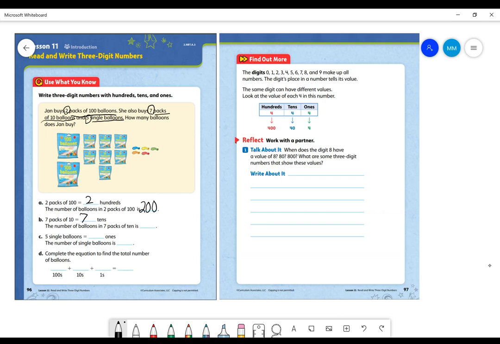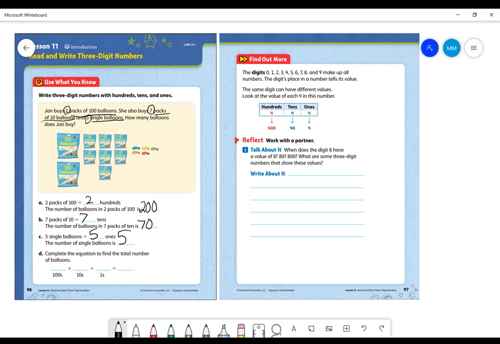The number of balloons in 7 packs of 10 is, what number is the same as 7 tens? 10, 20, 30, 40, 50, 60, 70. So 7 tens is the same as 70. And 5 single balloons would equal how many ones? 5 ones. So the number of single balloons is 5.